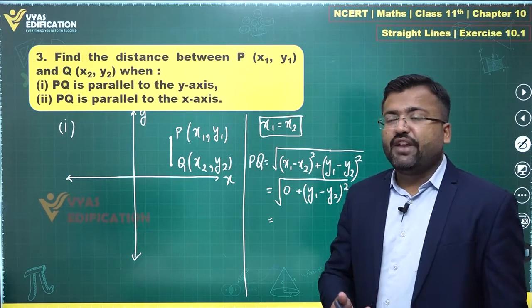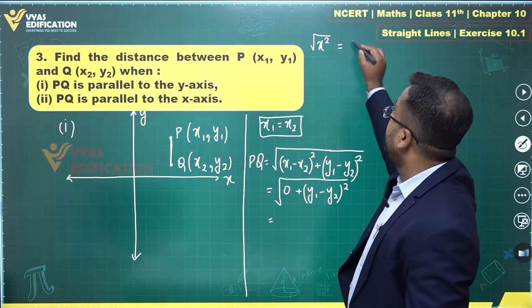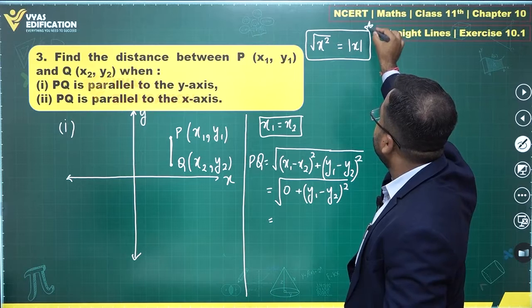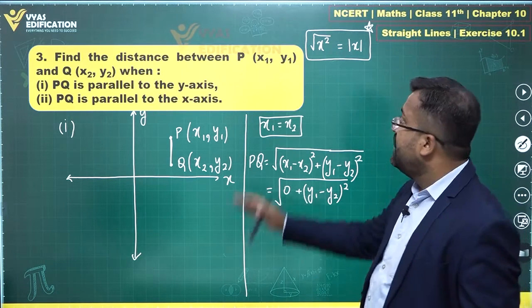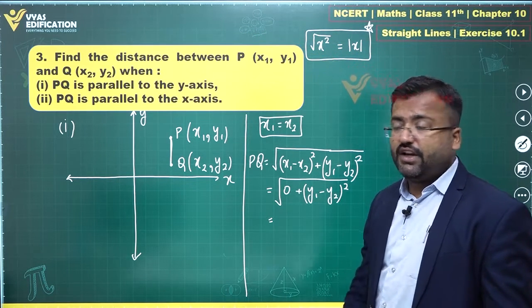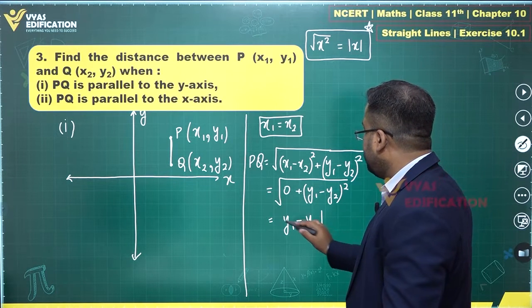What is that? Under root of x square. And what is square root of x square equal to? Mind you, it is equal to mod x. This is something which you should remember. It is not plus minus x, it is mod x. This value is always positive. So this becomes the modulus of y1 - y2.